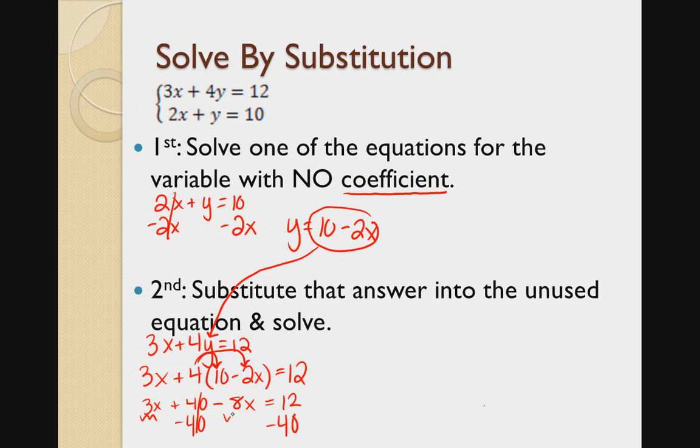So 3x minus 8x makes negative 5x, and 12 minus 40 equals negative 28.